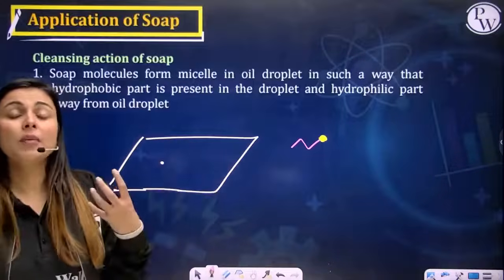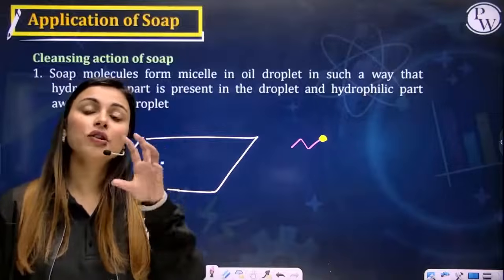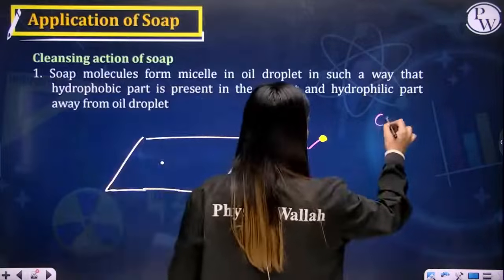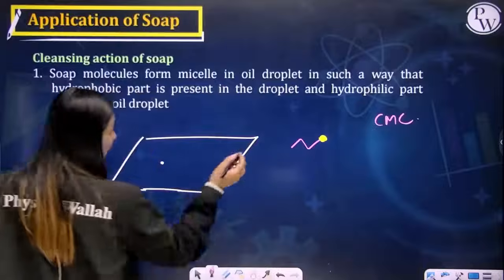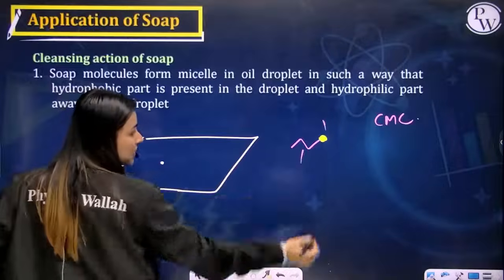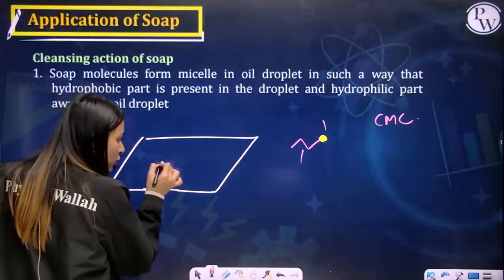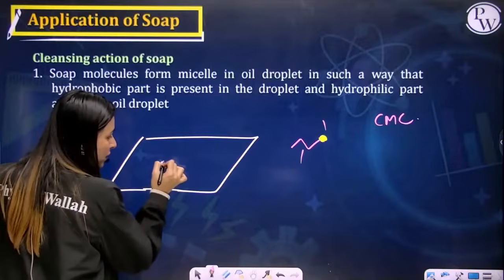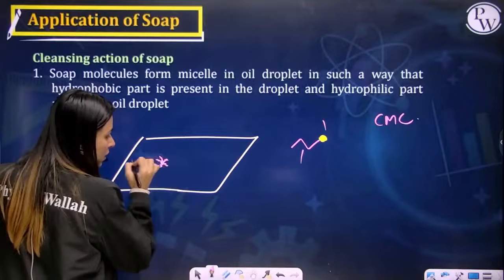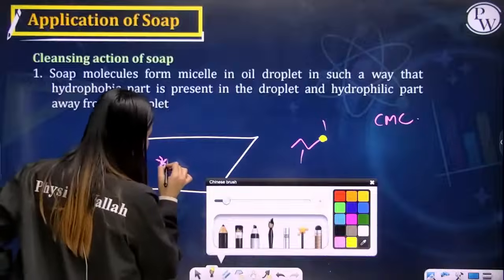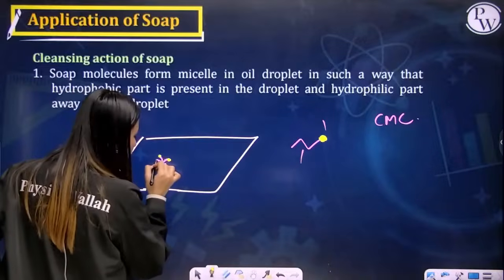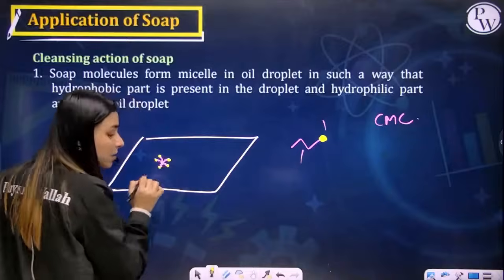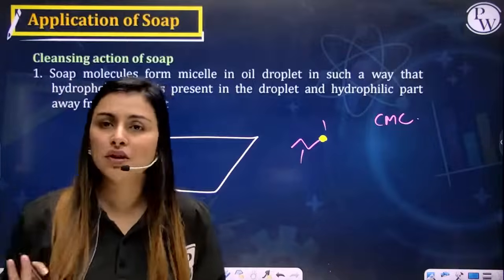Now, my dear students, your soap at the critical micelle concentration, that is CMC, what will it do? You have this as hydrophobic part, this as hydrophilic part. This dirt will be hydrophobic, so your soap forms parts like this. The hydrophilic part is facing the water, because water will not be present on the dust particle, but all around the dust particle water will be there.